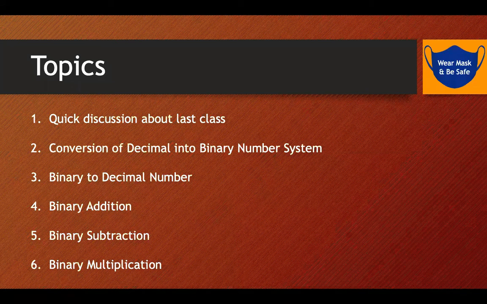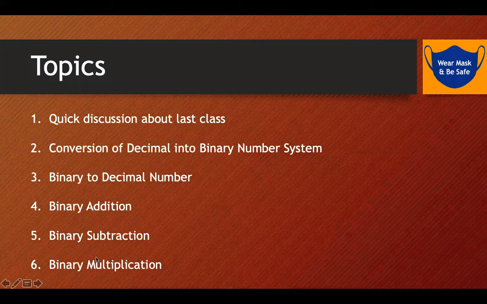Then we discussed hexadecimal number system. In hexadecimal, there are 16 digits, starting from 0 to 9 and A to F. So we have studied this much in last class. Now we'll continue with the class.